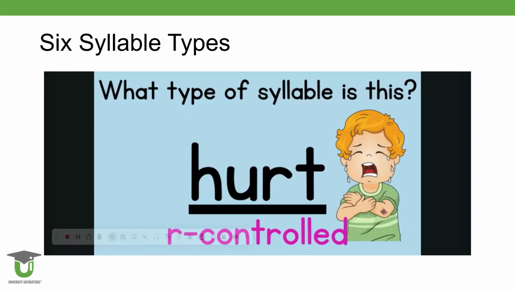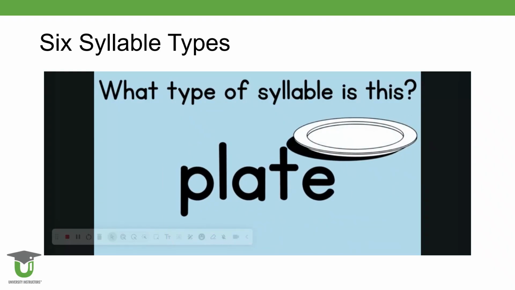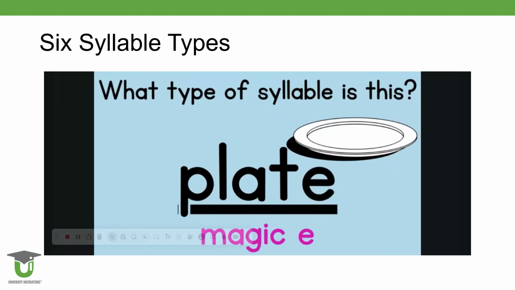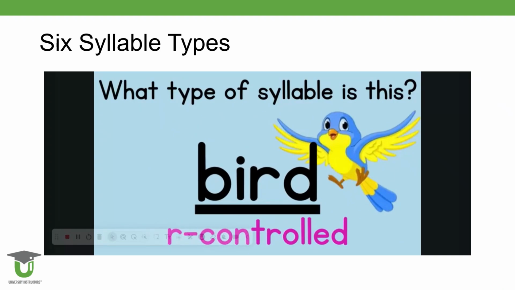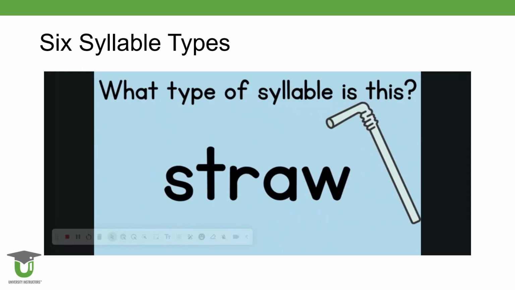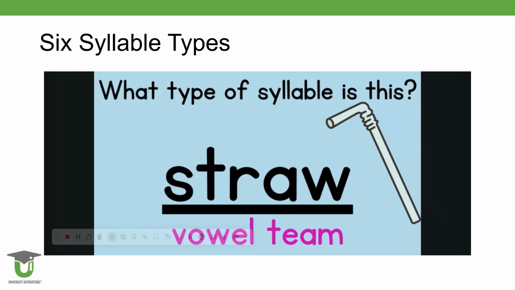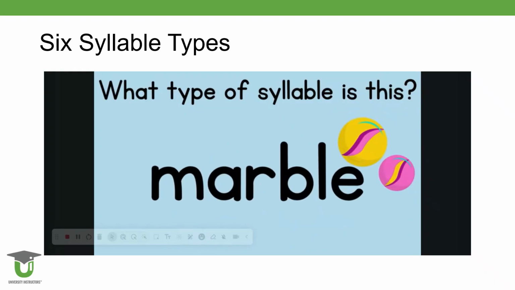All right, we're going to zoom through the last few, so you go ahead and say what kind of syllable they are. Plate. Magic E. Bird. R-controlled. Straw. Vowel team. Marble.